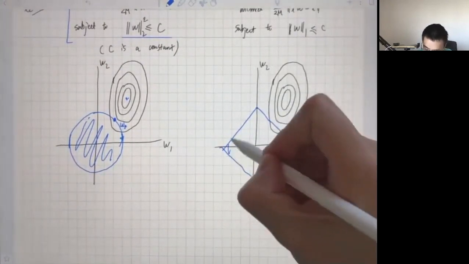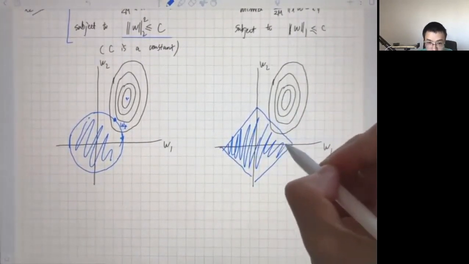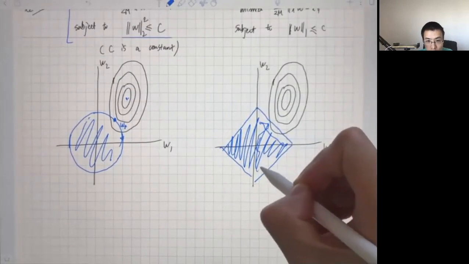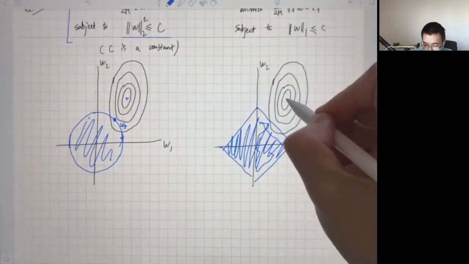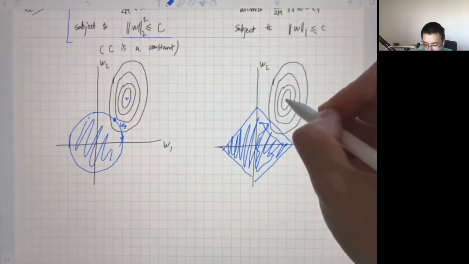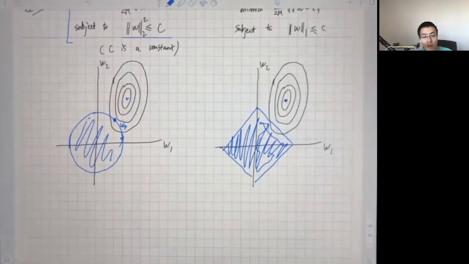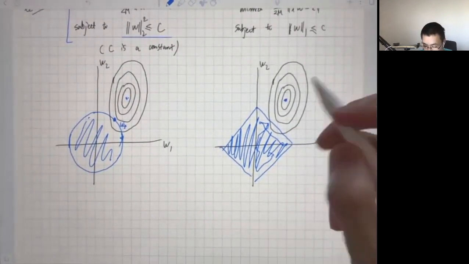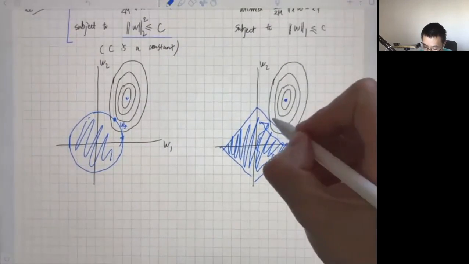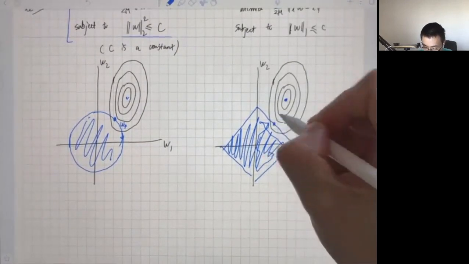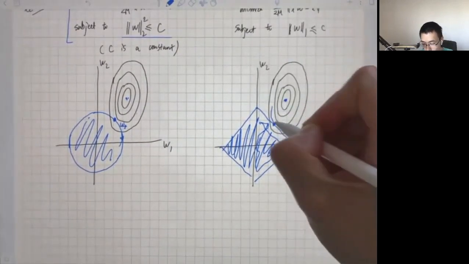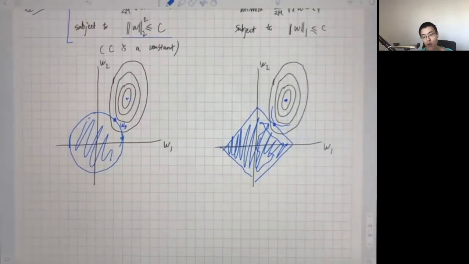And again, I will seek the points within this feasible set, including the boundary, such that it minimizes my loss, which is saying it's best to be closer to the center of the contour, right? Which point would be the optimal solution? Maybe still this point, right? Because you have a contour here, then it cuts this contour, then this point cuts the contour most.